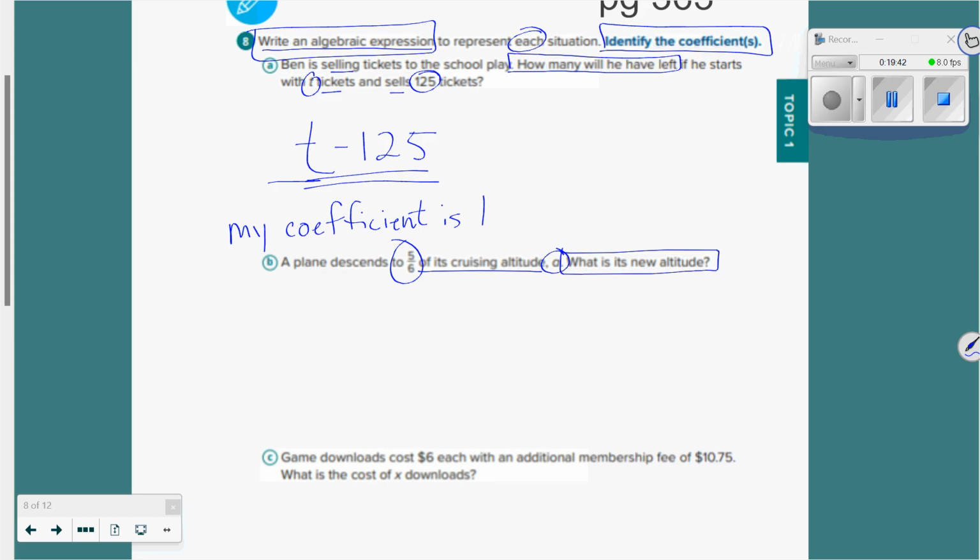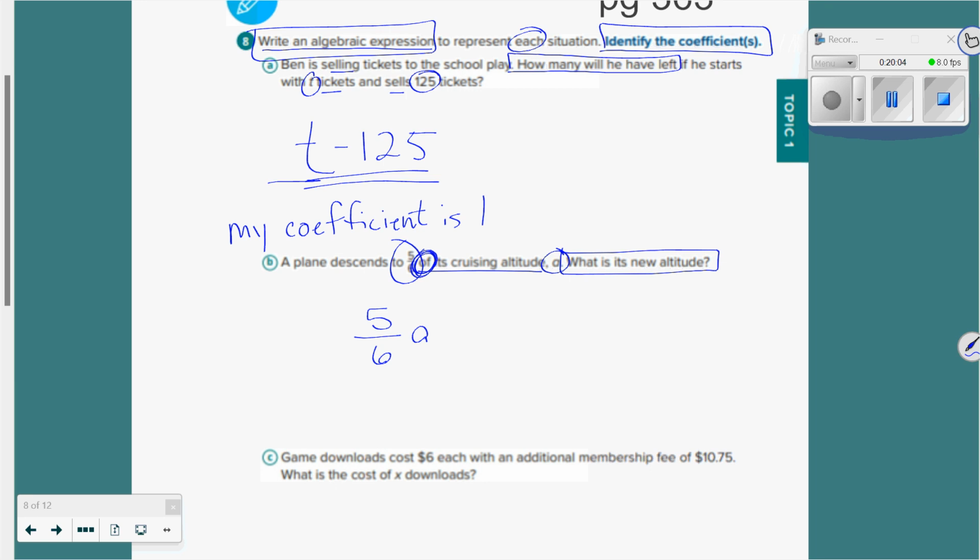Who can tell me what key word in our sentence tells us the operation, Max? It's "of." And what does "of" mean when you're doing this? We multiply between those two.